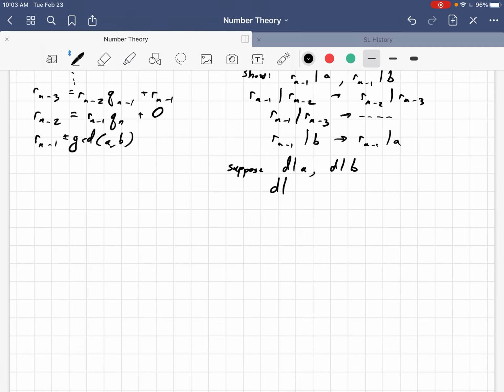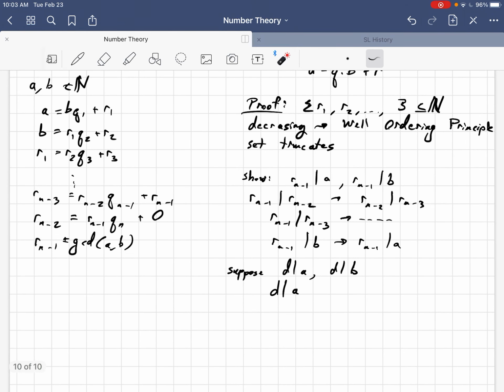So namely, d divides a, and then I'm going to look back up here. It's going to divide a minus, all right, actually for right now I'll write it as plus negative q sub 1 b. So in other words, if d divides a and d divides b, then it divides the linear combination of 1a plus negative q sub 1 b, right?